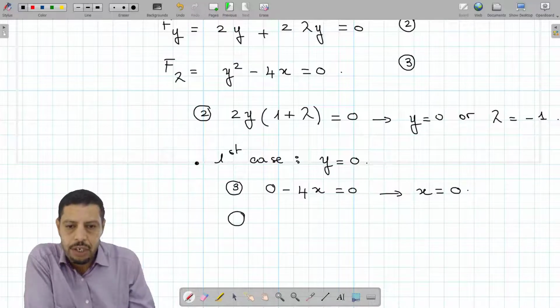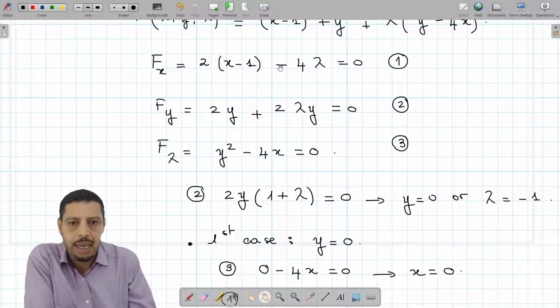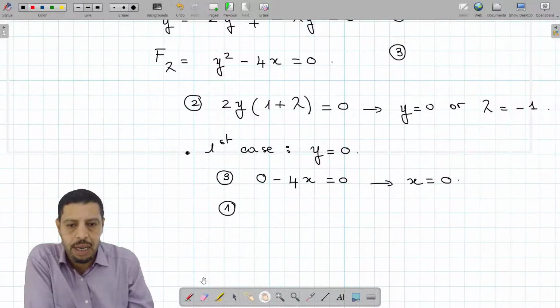From the first equation, which is 2 times (x minus 1) minus 4 lambda equals 0, we have already the value of x, so we will get the value of lambda. So let's write it.